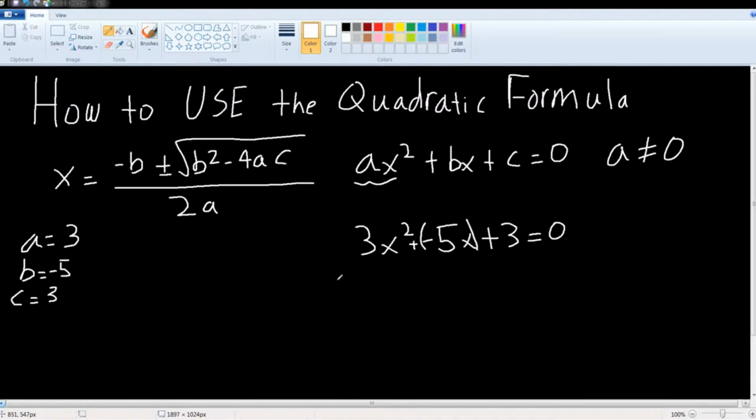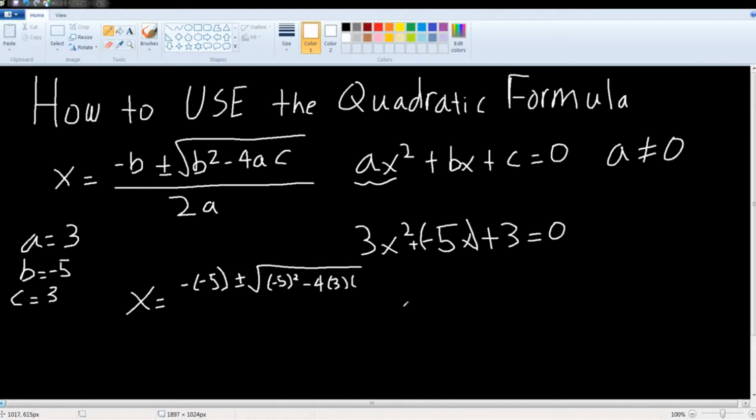Now we must use the quadratic formula. So we begin by writing x equals negative b, which is negative of negative 5, plus or minus, very important, b squared, which is minus 5 squared, minus 4. What is a? A is 3.